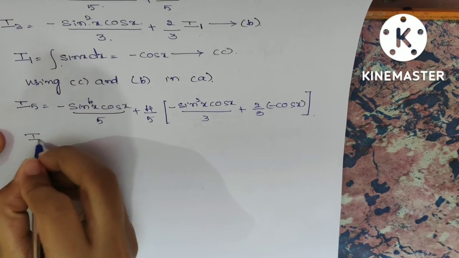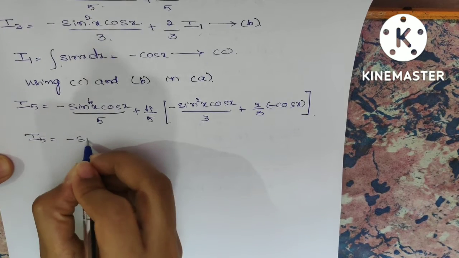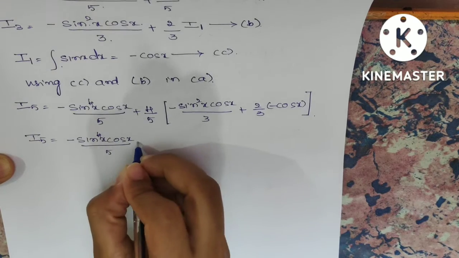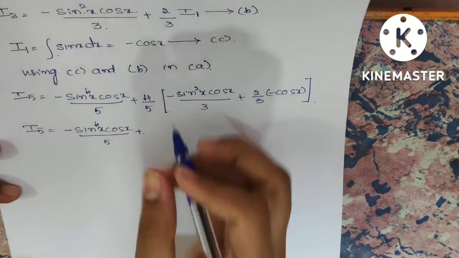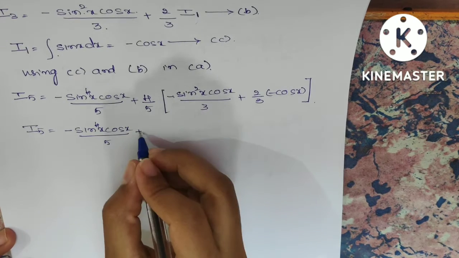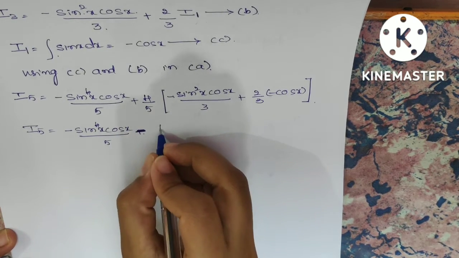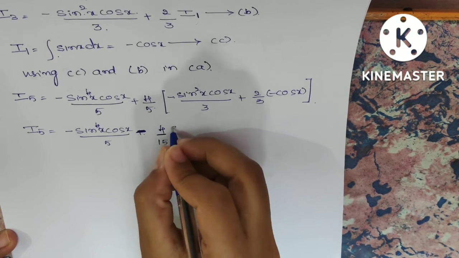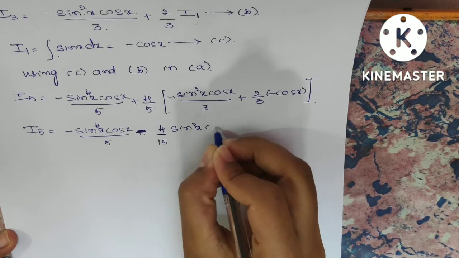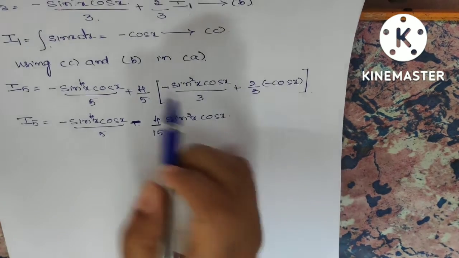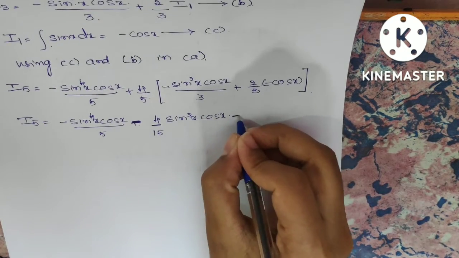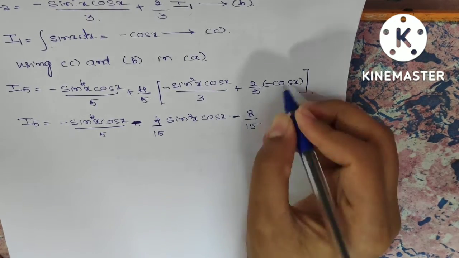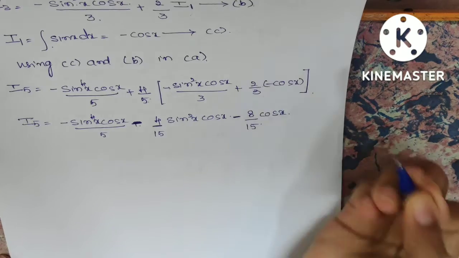I5 equals minus sin power 4x cos x by 5 plus, now removing the brackets, here I have minus sign, so minus 4 by 5, 3 fives are 15, sin square x cos x, plus into minus is minus, 4 twos are 8, 5 threes are 15, cos x.